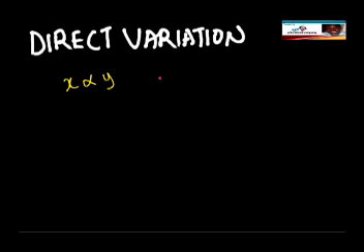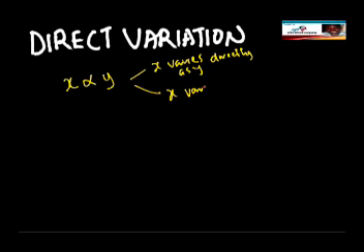Most times you could call this x varies directly as y, or you say x varies as y. Either case, you're having this expression. So what we are saying is that x varies as y is not yet an equal sign.